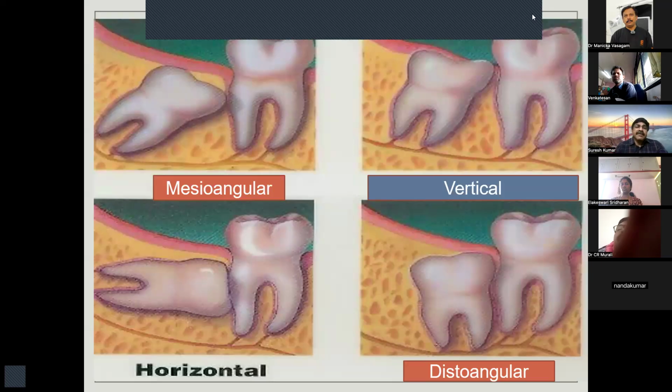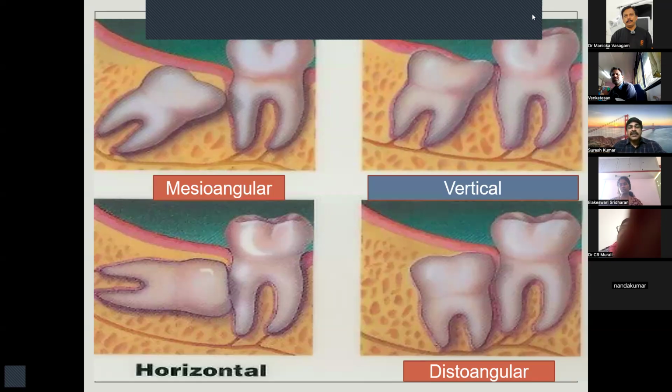So many a times we find when we look at the X-ray and clinical scenario, we get confused between the nomenclature, whether it is a mesioangular or a distoangular. Okay, so how to differentiate mesioangular and horizontal is, if you draw a vertical line along the long axis of the second molar, and draw one more long axis along the impacted third molar, if the intersection is less than 35 degrees, you call it as mesioangular impaction.